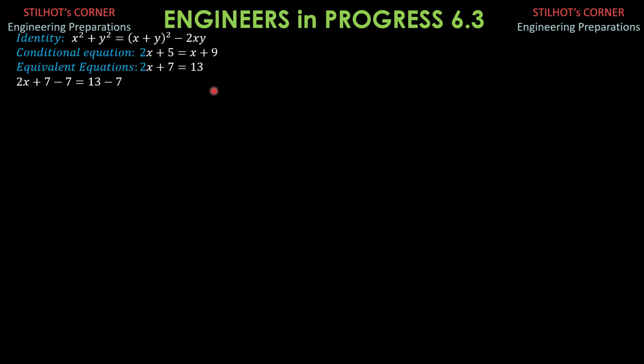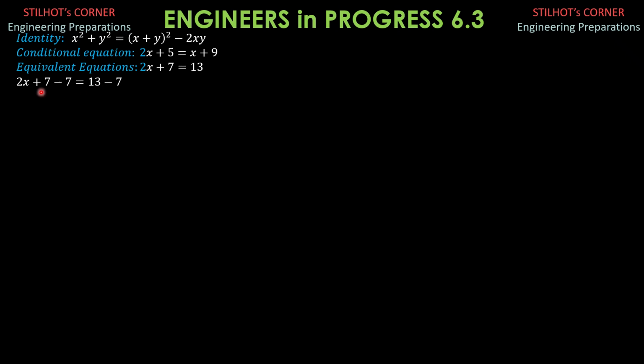The following operations yield equivalent equations: addition or subtraction of the same numbers to both sides, multiplication or division of both sides by the same number as long as it is not zero and does not involve the unknown. When we divide both sides of the equations by a value, then that value should not be zero. Remember that division by zero is not defined.